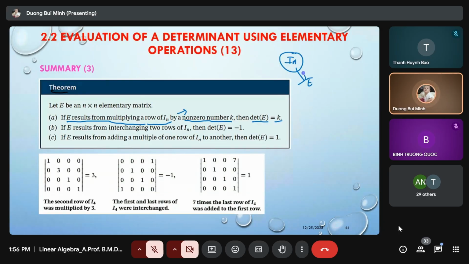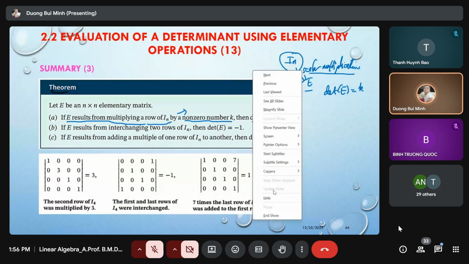This is scalar multiplication. If we apply scalar multiplication to I to get E, the determinant of E is k.